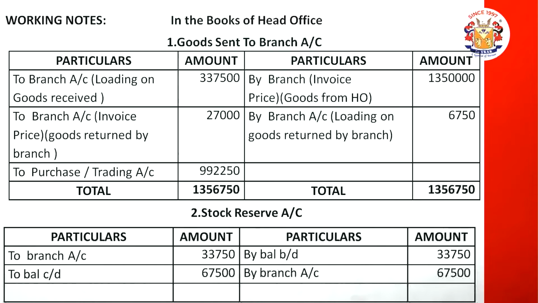What will be the journal entry of 67500, means loading on closing branch stock? Very easy. Branch account debit to stock reserve account 67500.